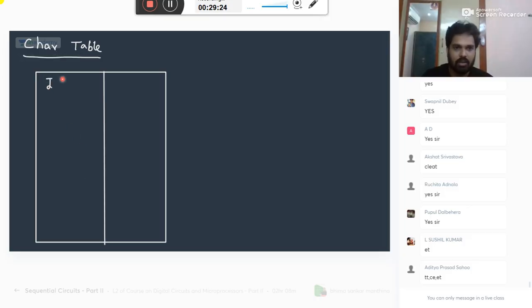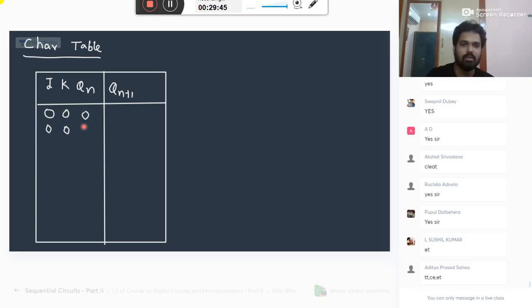J, K, and Qn, present inputs and present state. What is the next state? That is what we call characteristic table. So here you take all zeros to all ones.